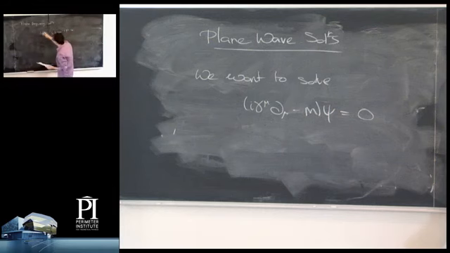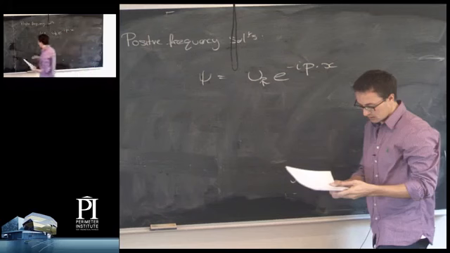Let me look for solutions which are of the form e^{ip·x} times a particular fixed spinor, which is going to depend on which p I'm looking at. So the solution to the Dirac equation with this ansatz is the following.